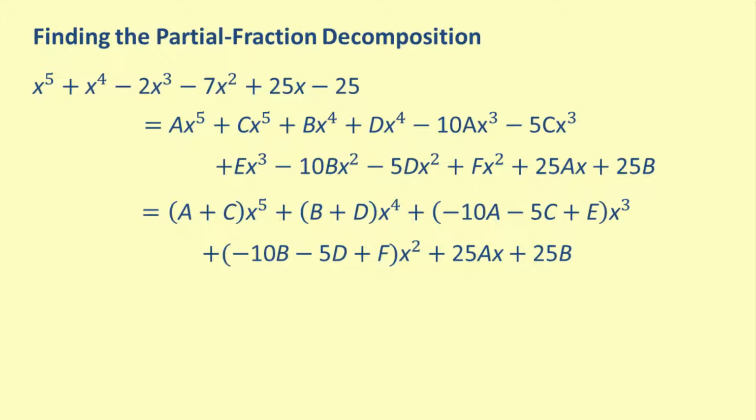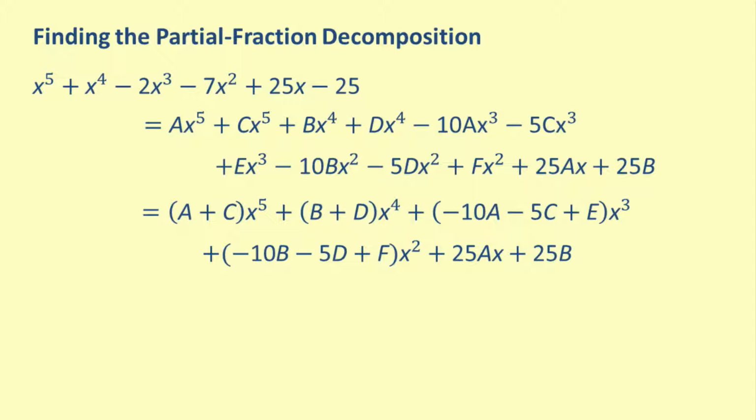Comparing the polynomials on both sides of the equation helps us draw the conclusion about the coefficients of these terms. For example, the quantity a plus c times x to the fifth power on the right side of the equation corresponds to x to the fifth power on the left side of the equation. So, a plus c equals 1.